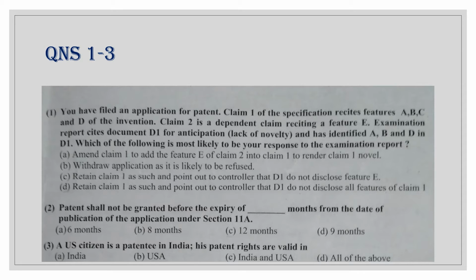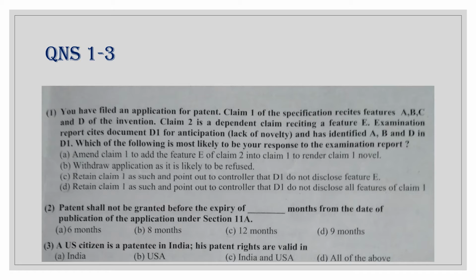Claim 2 is a dependent claim reciting a feature E. Examination report cites document D1 for anticipation, that is lack of novelty, and has identified A, B and D in D1. Which of the following is most likely to be your response to the examination report? Now, think, friends, what should be the correct option? I am reading the options as well.